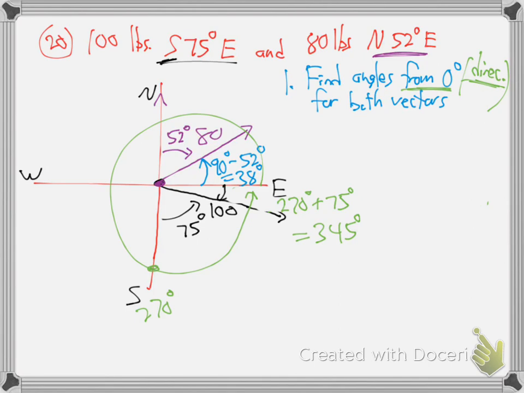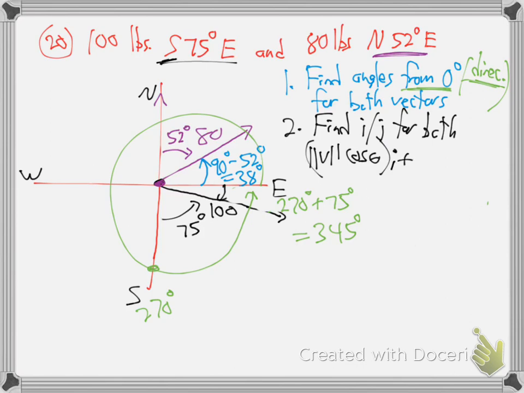So step 2, use those to find ij for both. Meaning what? It's magnitude of v cosine theta i plus magnitude of v sine theta j.